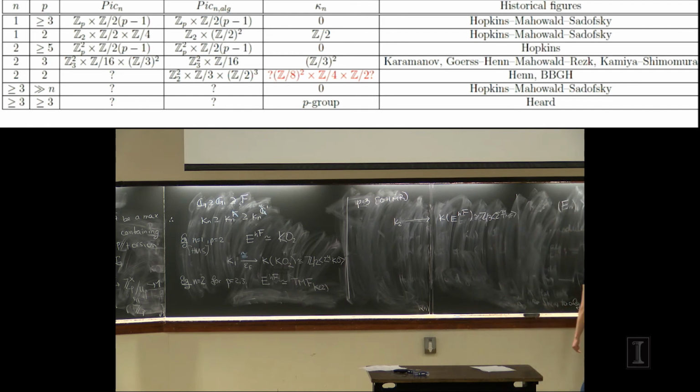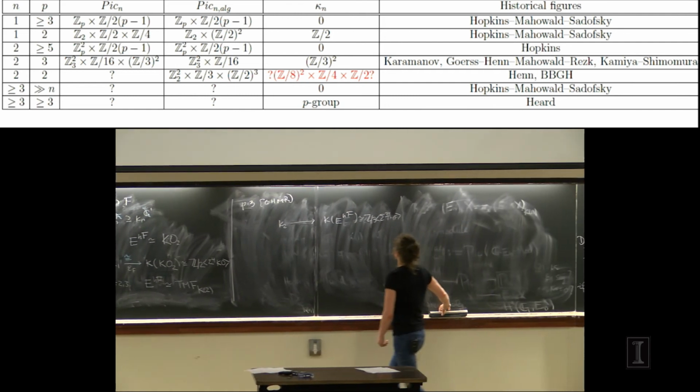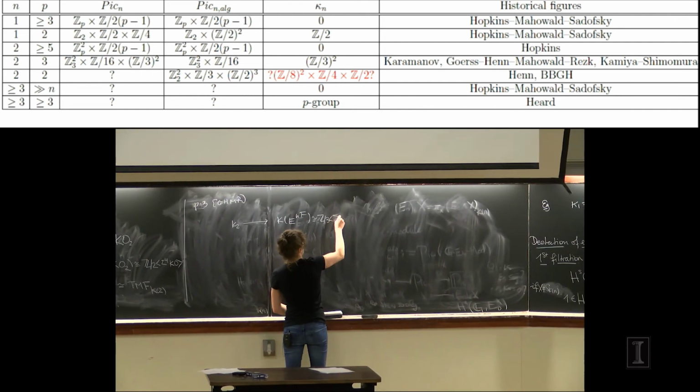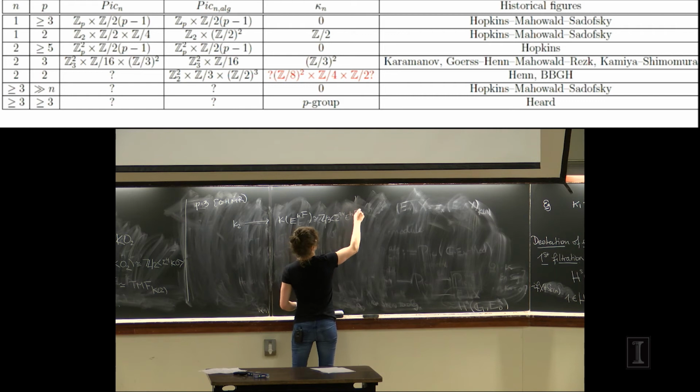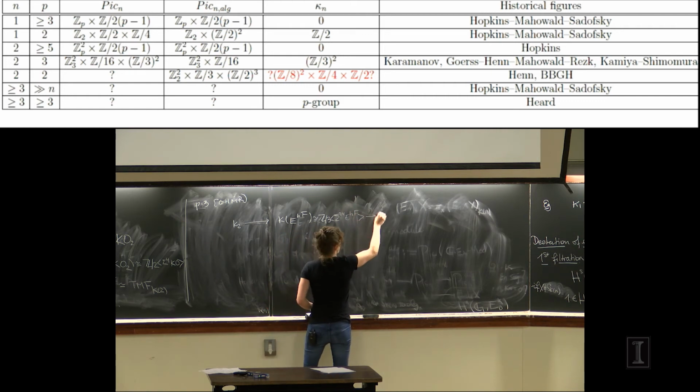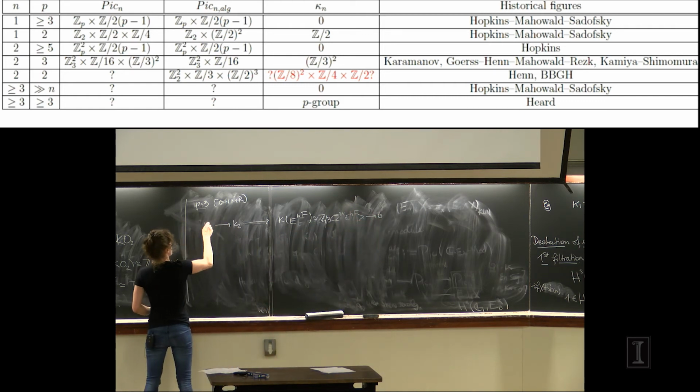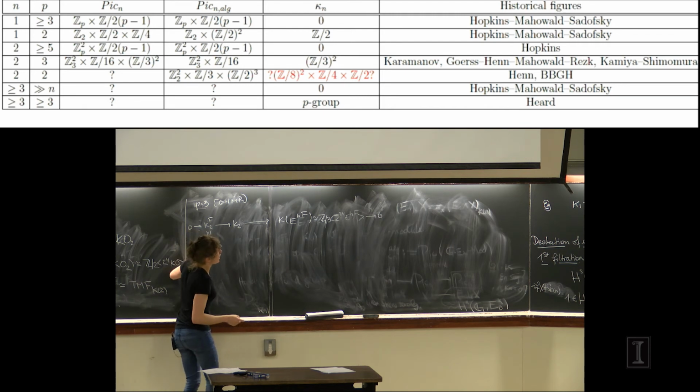Okay, so I just write it this way. Sigma 24 EHF. Okay? And it turns out that this map is surjective, but kappa 2f is not 0. It's a Z mod 3. Okay? So this thing is a copy of Z mod 3 times Z mod 3 as promised.